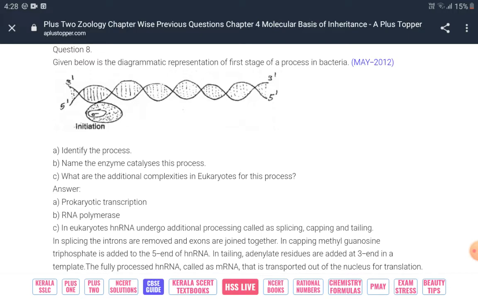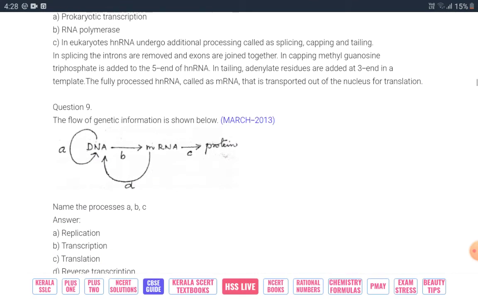In the second step, capping, methyl guanosine triphosphate is added to the five prime end. In tailing, it is added to the three prime end of the template. The fully processed hnRNA is called mRNA, and that is transported out of the nucleus for translation. Good.